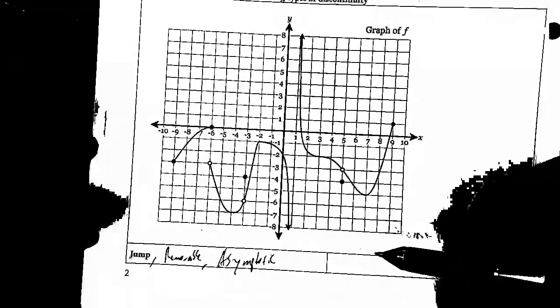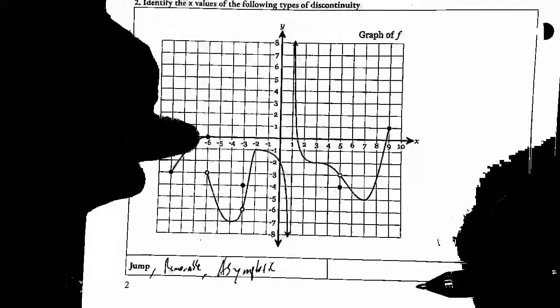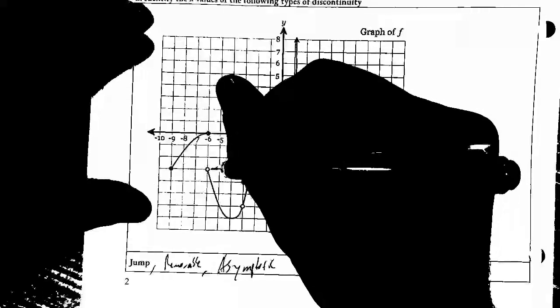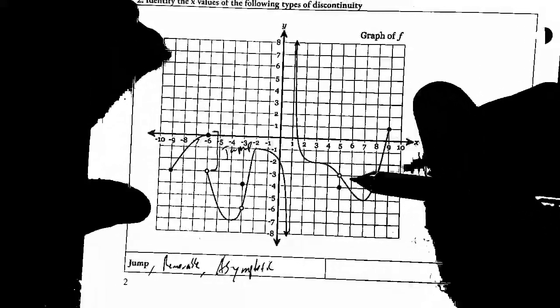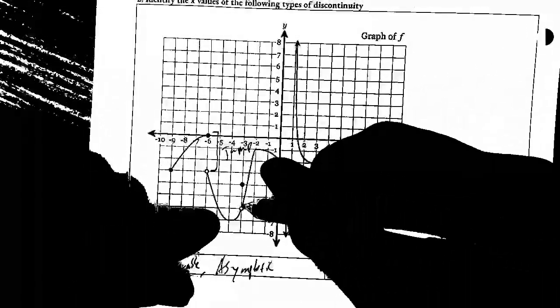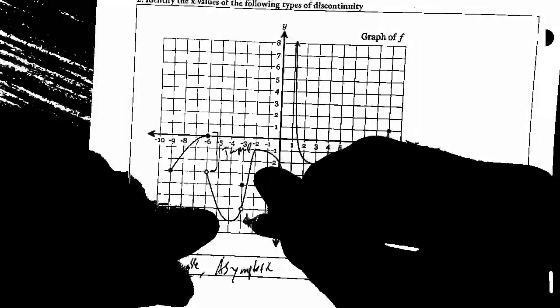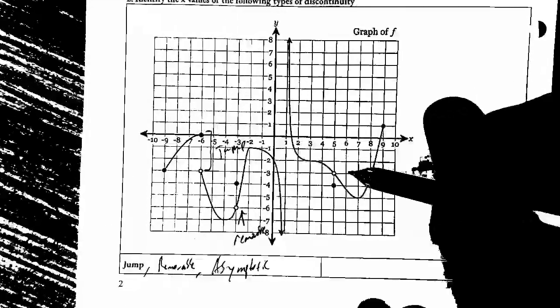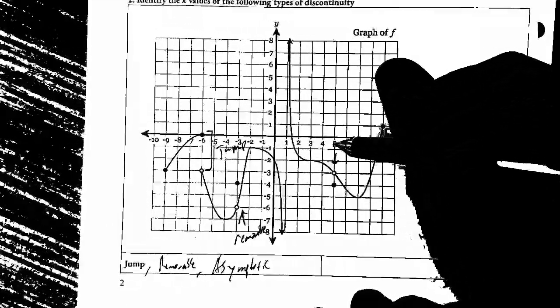Jump happens literally when the function jumps from one y value and picks up at another y value. You can view it as a literal jump. That's a jump right there. This one, see how the function continues, but a hole has been taken out. That's removable right here. We see another removable over here.